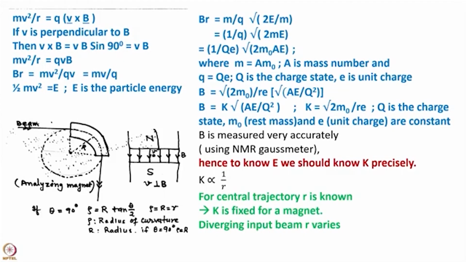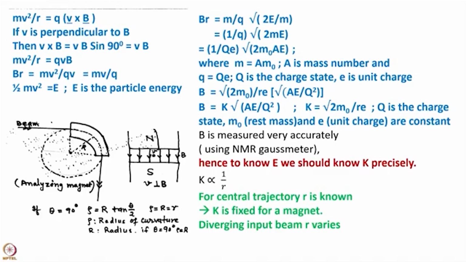For example, in the case of the room temperature cyclotron at VECC Kolkata, K is equal to 130. So depending upon the charge state, the A value and the energy, the magnetic field has to be set accordingly.